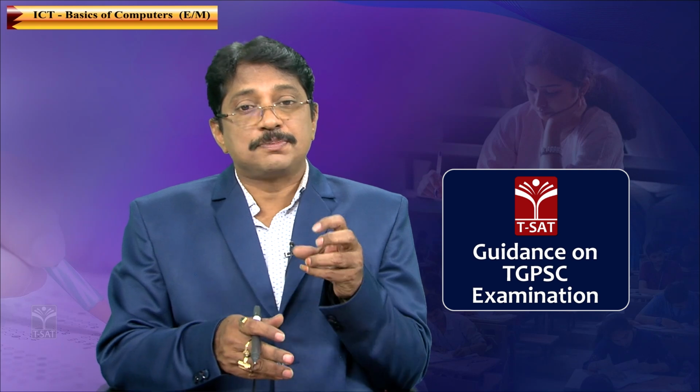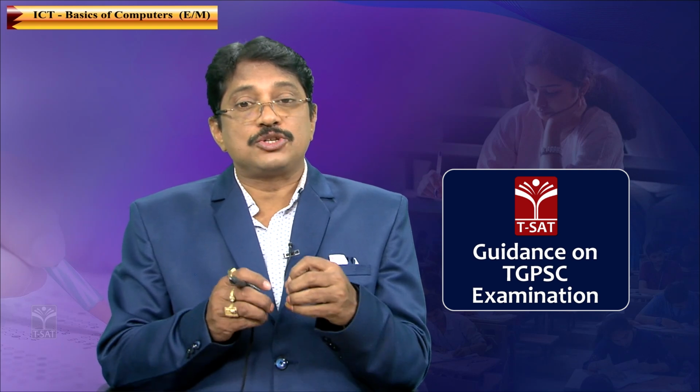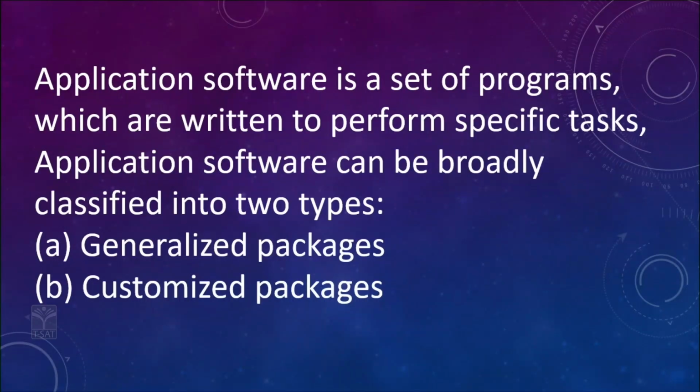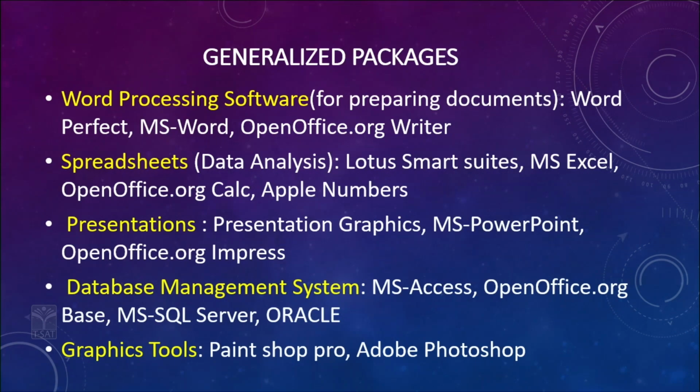But with application software, the computer has to perform a specific task. That is very important. Application software is of two kinds: generalized packages and customized packages. Now we will see which come under generalized packages and which under customized packages.